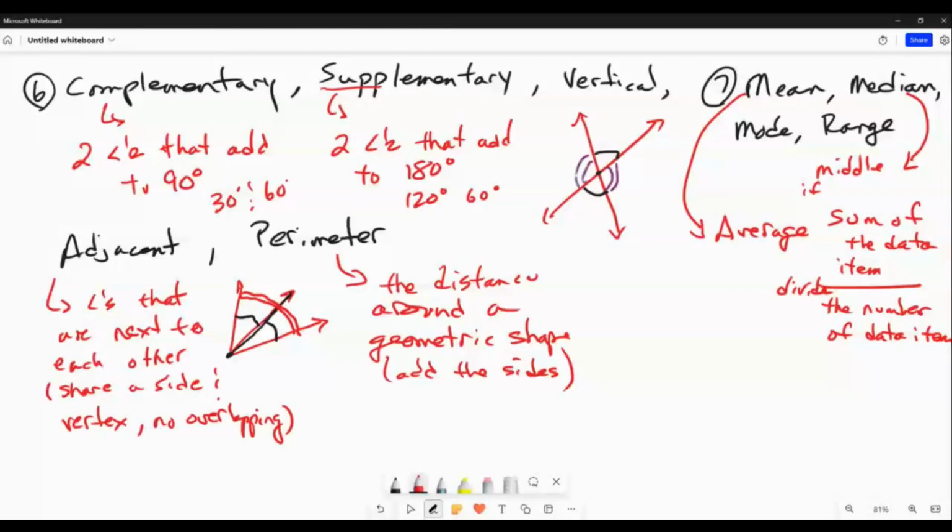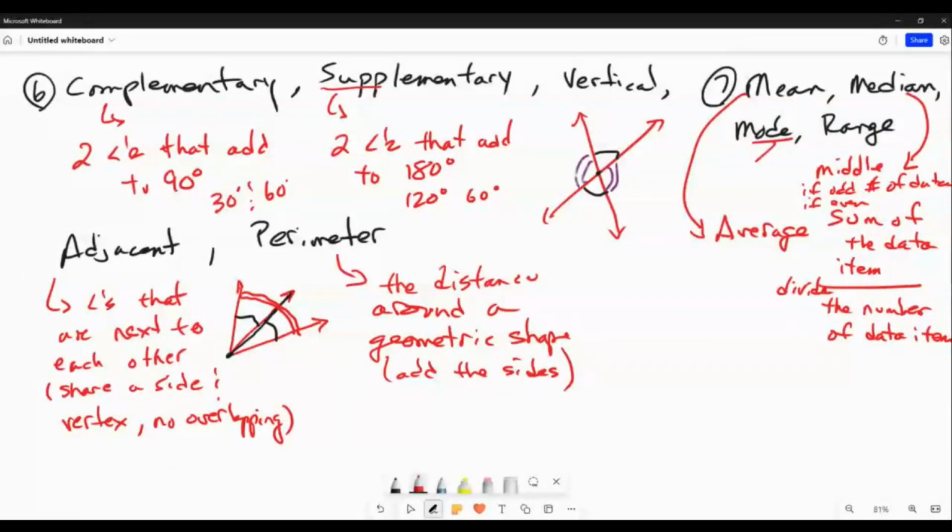So if there's an odd number of data items, then you're going to have one median. If it's an even number of data points, you've got to take the two in the middle and find the average. Add them up, divide by 2.